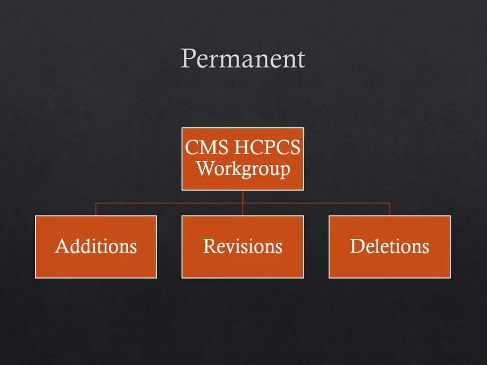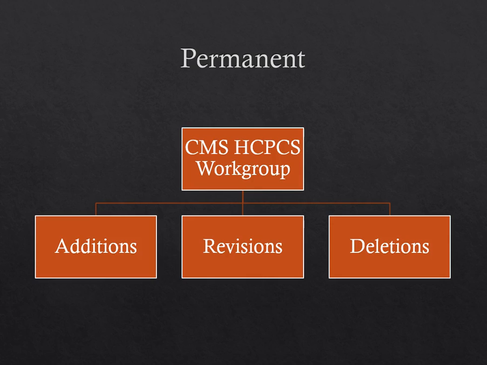Our HCPCS codes are organized based upon the purpose for which the codes are being used and the entity that's responsible for establishing and maintaining them. Those 4 types are permanent, temporary, miscellaneous, and then we also have modifiers.